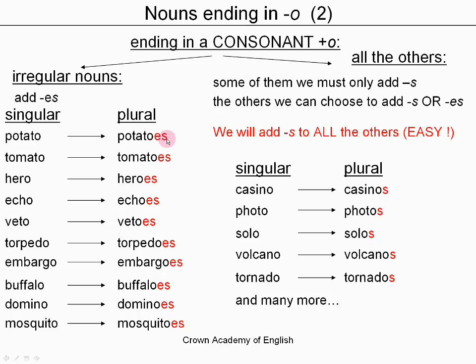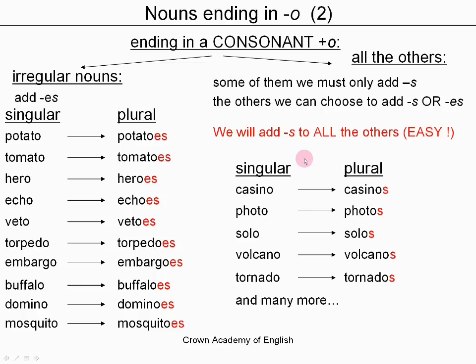And in fact, this list will always stay the same, because these are quite old words in the English language. All new nouns, all new words which end in O in the English language, they follow this rule on the right.